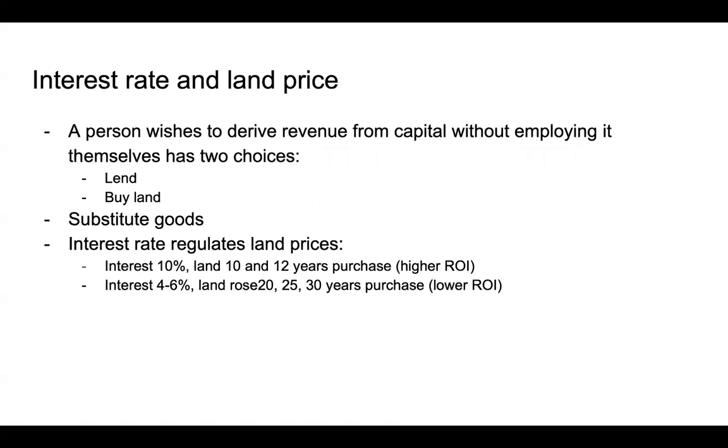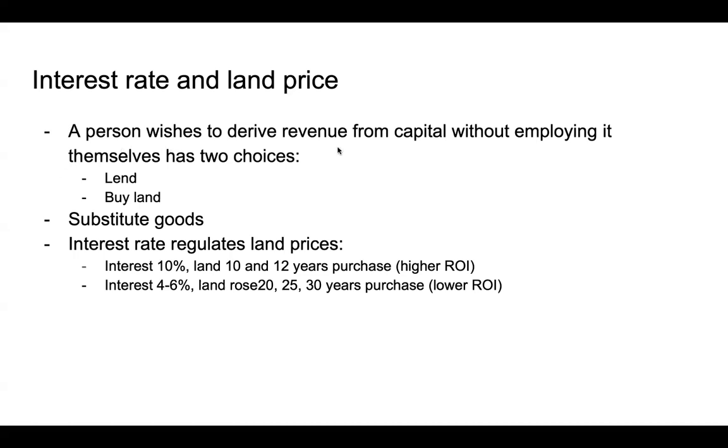And last slide, last topic in this chapter: interest rate and land price. I guess this is an interesting sneak peek into the real estate market back in the 1700s and also in the Middle Ages, the medieval times.